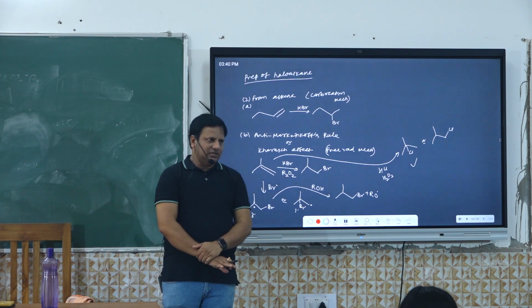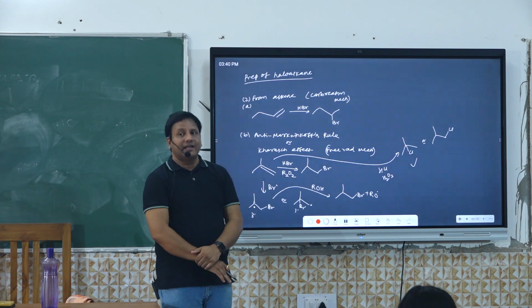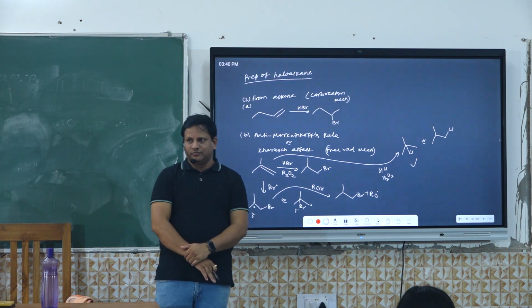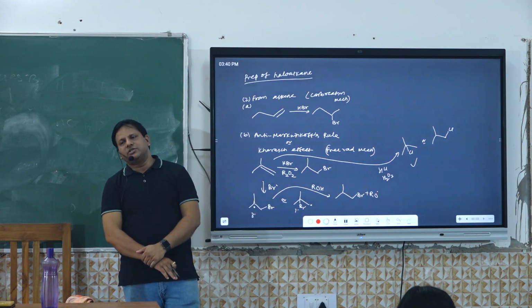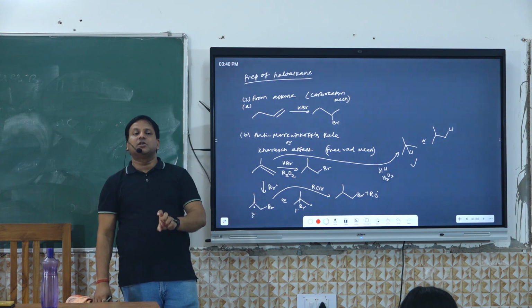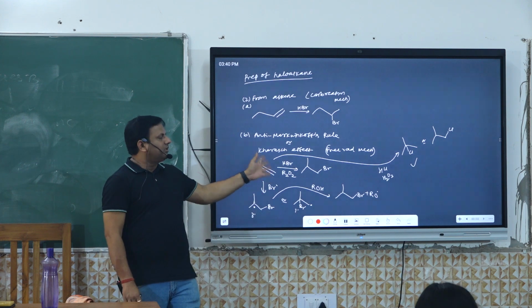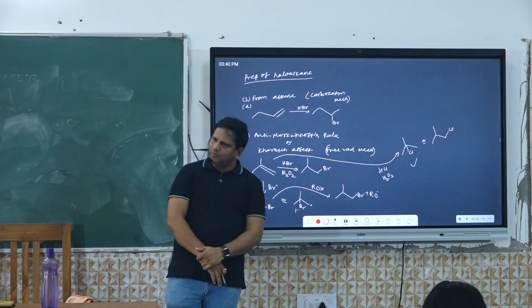So it is applicable only for addition of hydrogen bromide in the presence of peroxide, not for HCl, HI or HF, because one of the steps, the formation of halogen free radical, is highly endothermic, that cannot be compensated here.